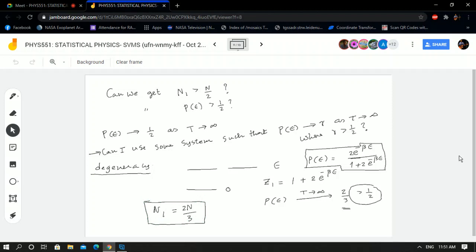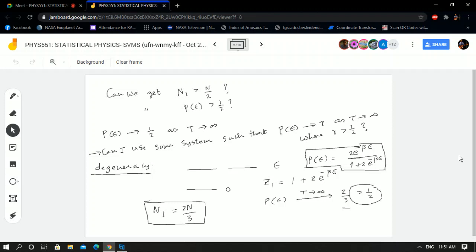So you can see that we have learned quite a bit of statistical mechanics by just using the simplest system, called the two-level system. I started by asking the question: we have N non-interacting particles.